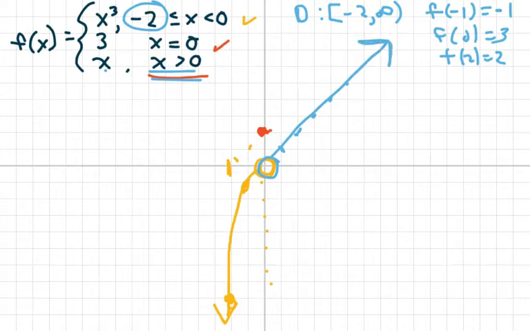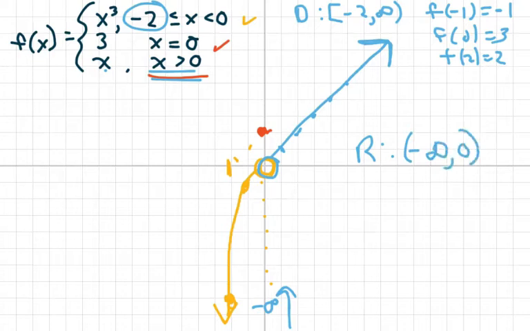Alright? Now looking at this, the range, we're starting at negative infinity down here. So the range is we go to negative infinity, and then we go to 0, and it can't equal 0. And then you unite it with 0 to infinity.